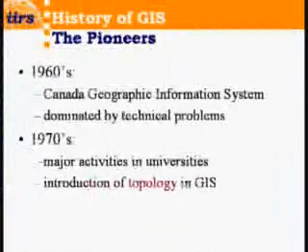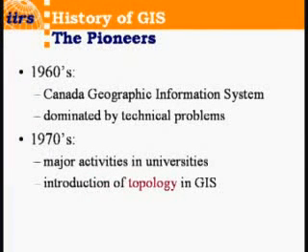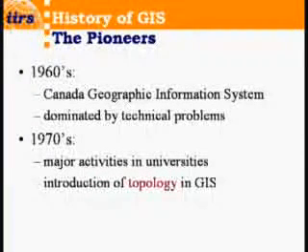Now, coming to the history of the GIS, you already know that in 1960 this particular geographical information system came into existence by the Canadian Geographical Information System. There were some technical problems related to data structures and all. And then in 1970, there was slight improvement in this particular field, and the concept of topology came into existence.